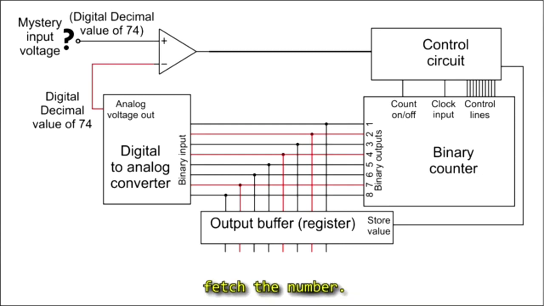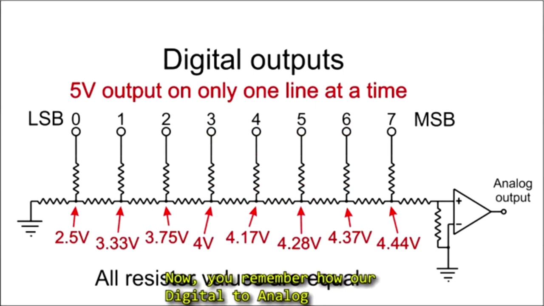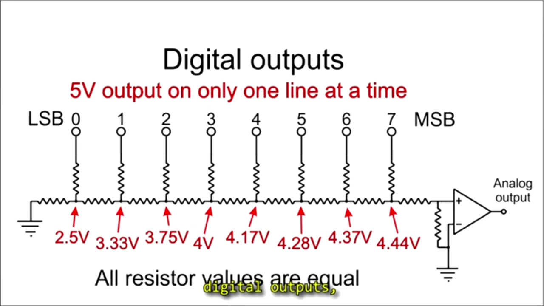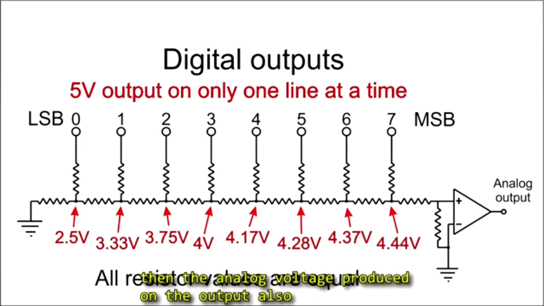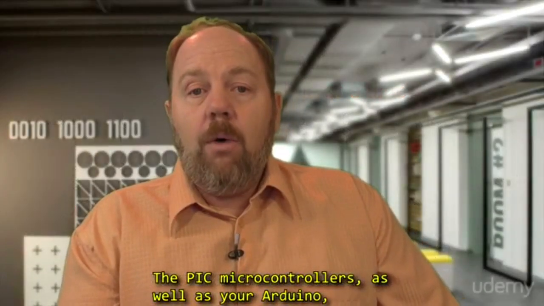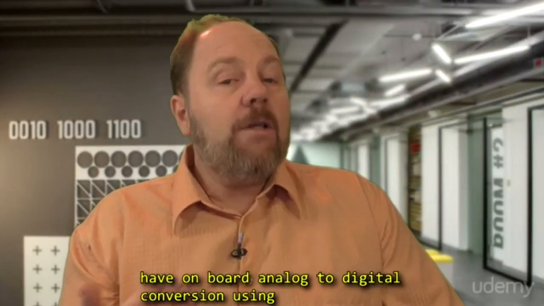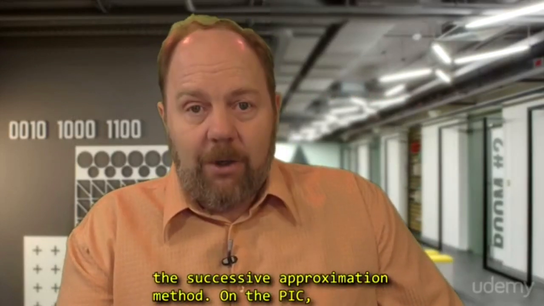Now, you remember how our digital to analog converter could use a resistor ladder to generate a voltage. If we change the output voltage of the digital outputs, then the analog voltage produced on the output also changes accordingly. The PIC microcontrollers, as well as your Arduino, have an onboard analog to digital conversion using the successive approximation method.